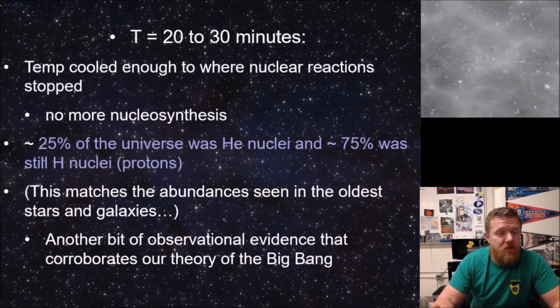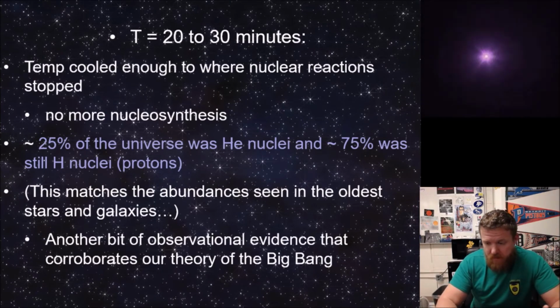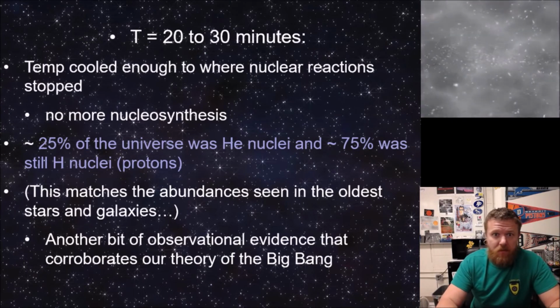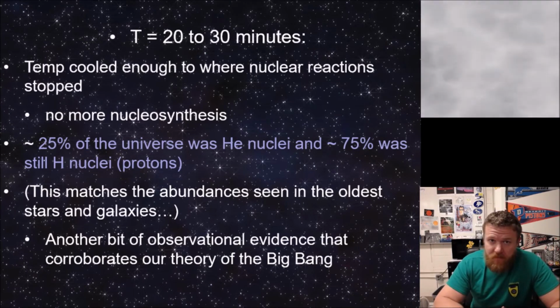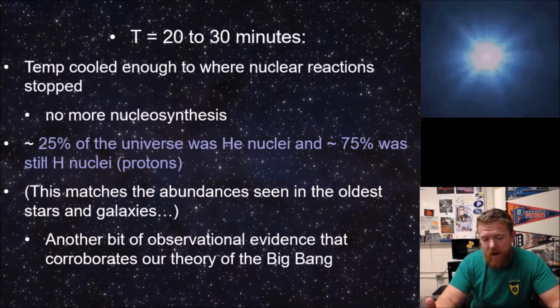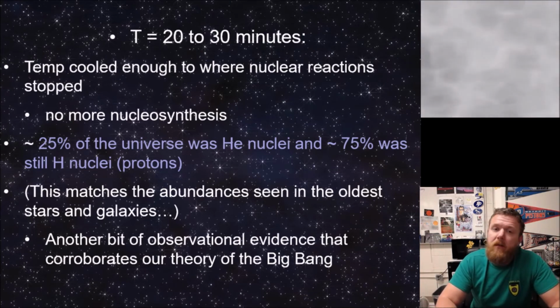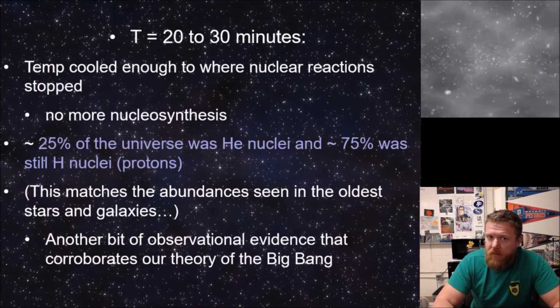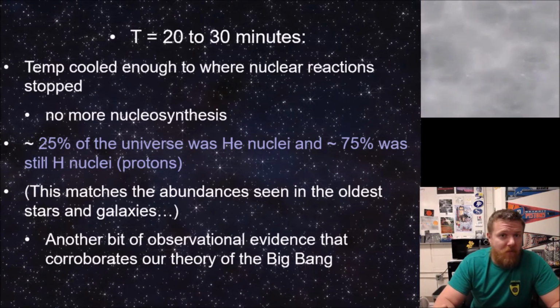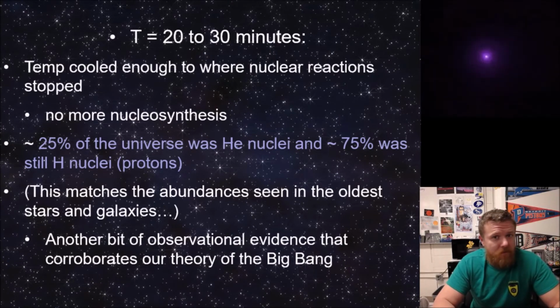With no more nucleosynthesis happening, the amount of hydrogen and helium that you have at that point is what you're stuck with. And it ends up being about 75% hydrogen and about 25% helium. No more of that hydrogen is going to get turned into helium at the beginning of the universe. It will later on in the core of stars, but at the beginning of the universe, you have about 75% hydrogen and about 25% helium.